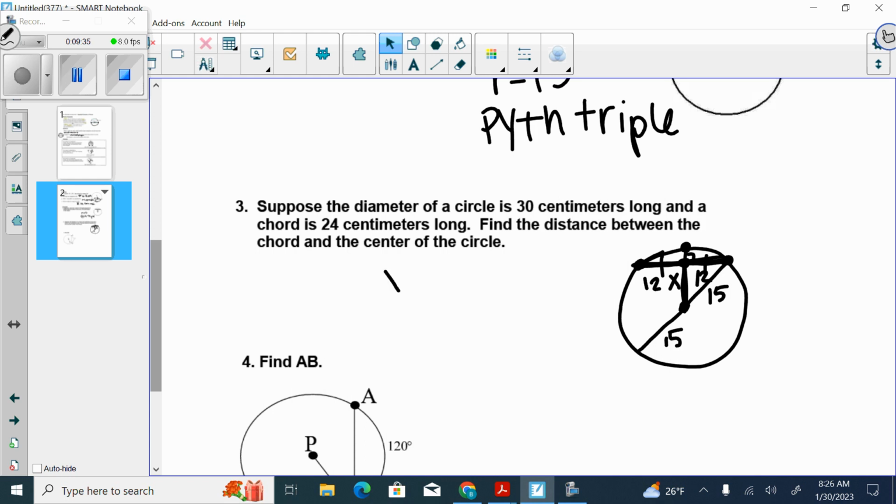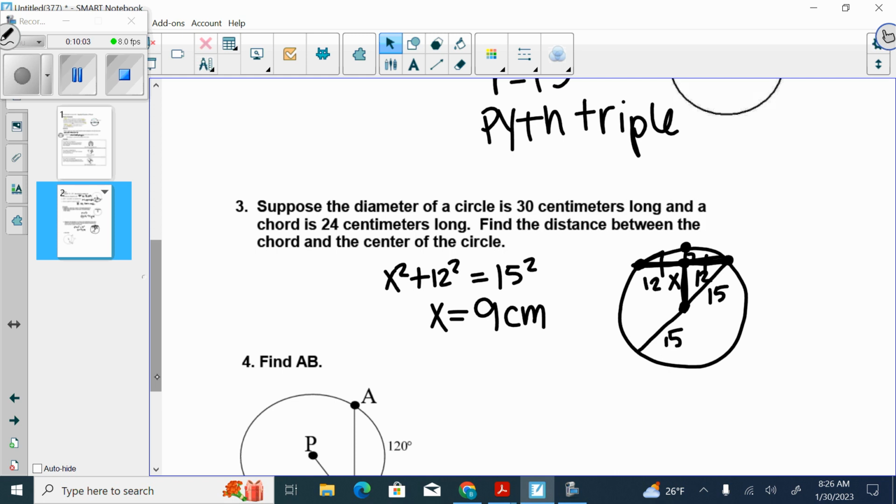So I'd have my x squared plus 12 squared as my a and b, and then our hypotenuse c is 15. Also one of our triples, what do we get for that missing side there? 9, right? Because we could have simplified the numbers down. 9 centimeters.